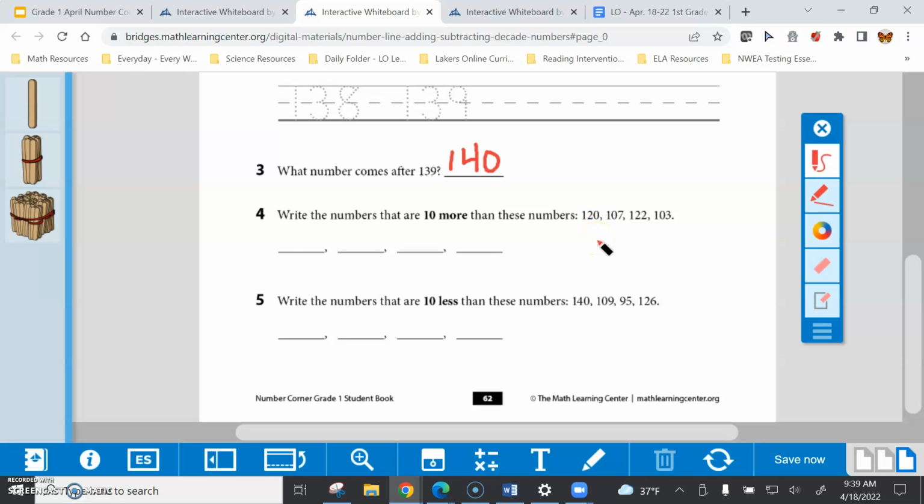If I add on 10 more, that would be 130. So as you see each one of these numbers add on 10 more, this is the next number. You're going to add on 10 more and write it down. 122. Add on 10 more. Write it down. Add 10 more to the number 103 and write it down.